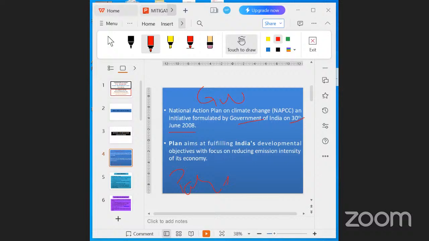So we need to reduce the greenhouse gas emissions by 2035. Okay. So for that, we are advising various strategies.